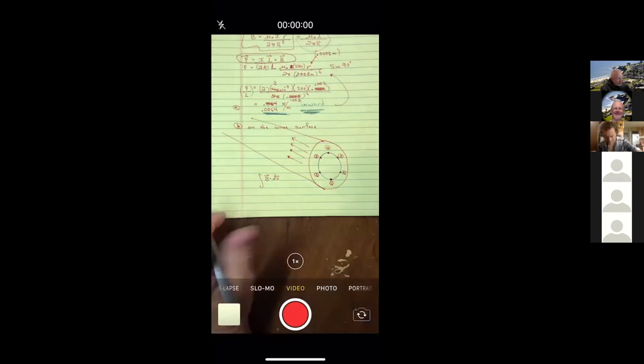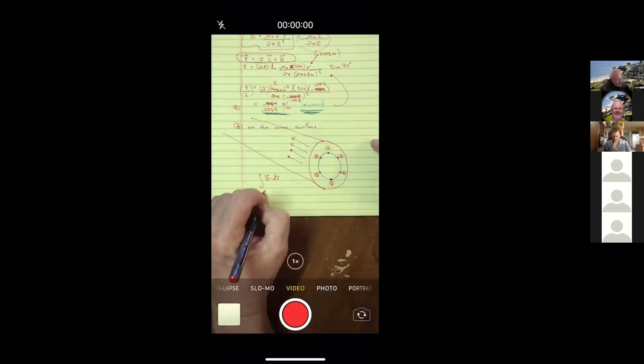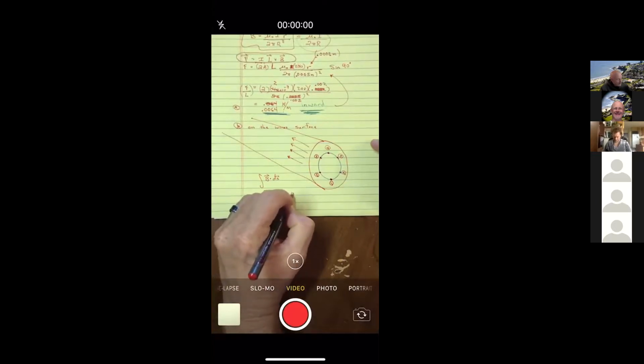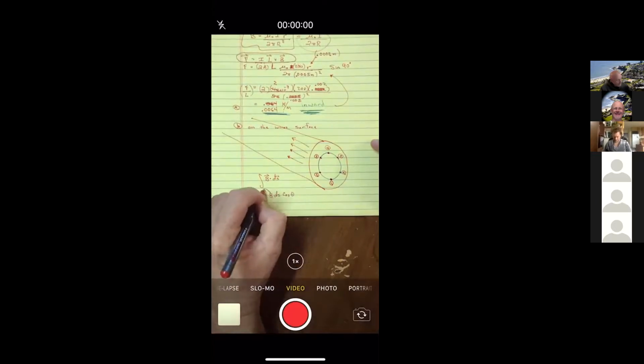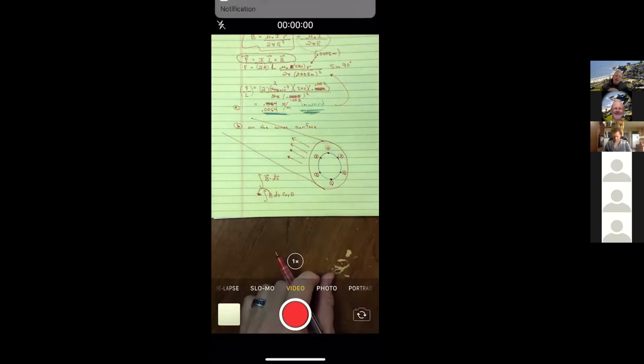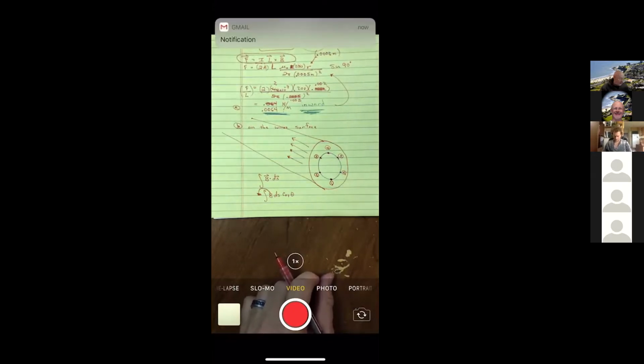So that's how I argue my point that the magnetic field is a constant. I know that wasn't your question, Gina, but I wanted to emphasize that I'm looking at the physics of what makes the magnetic field. What makes the magnetic field is the flowing of this current.